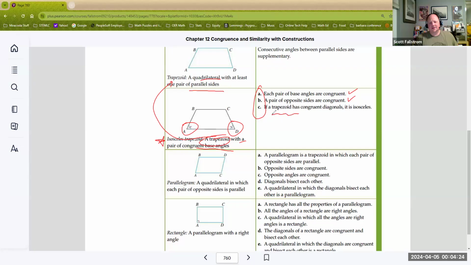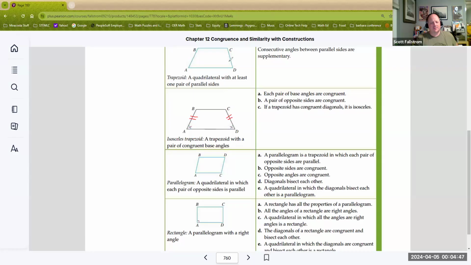And then lastly, if a trapezoid has congruent diagonals, then it is isosceles. Okay, this one I'll put a little asterisk by because this one is a little bit trickier, and you could have another one, I guess, not for this exam, but you could have someone say, "Well, what if I know the sides?